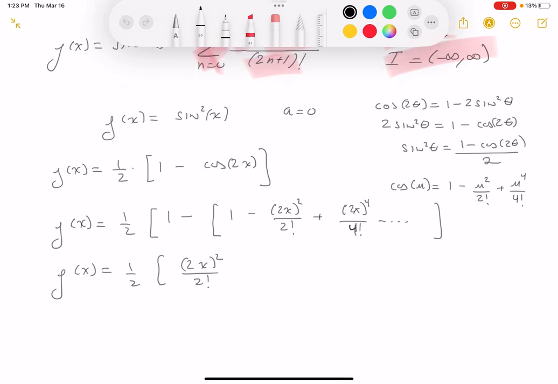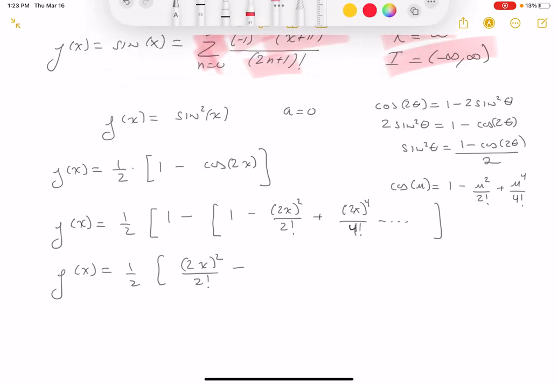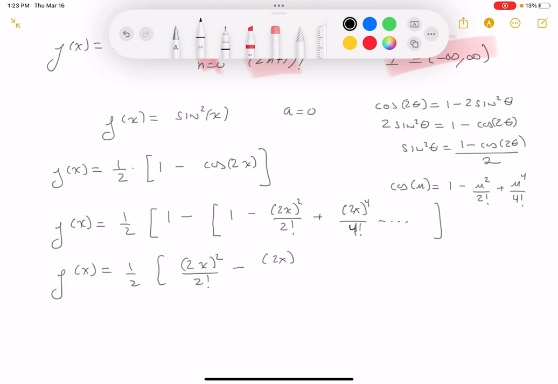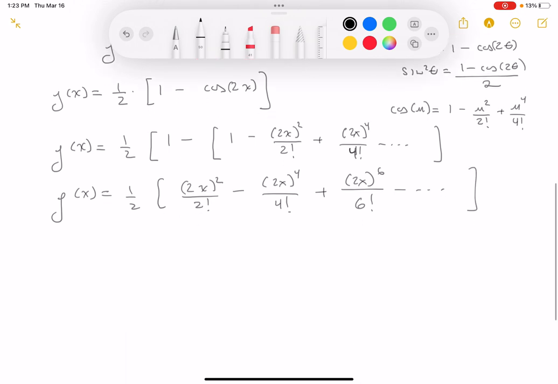And then what do you get over here? Plus, no, it's going to be minus, isn't it? So minus 2x to the 4th over 4 factorial. And then plus 2x to the 6th over 6 factorial. I think you get the idea, right? I'm going to bring the 2 on the inside. And f of x, let's see, you can get 2 factorial.